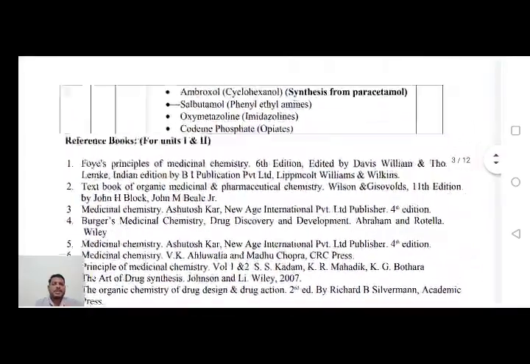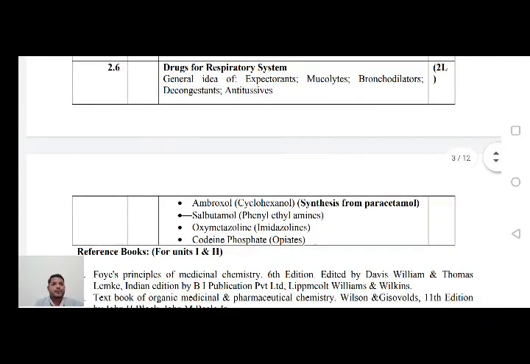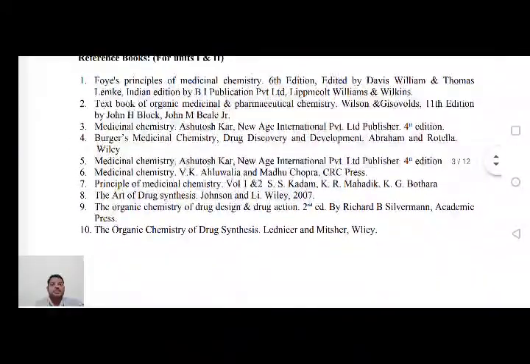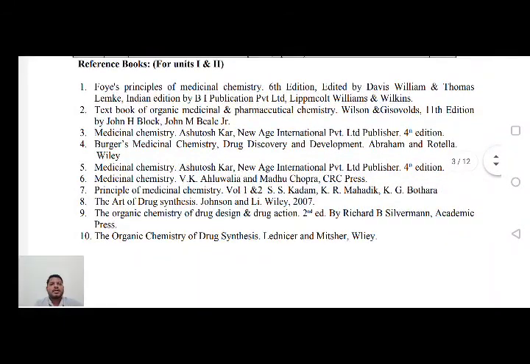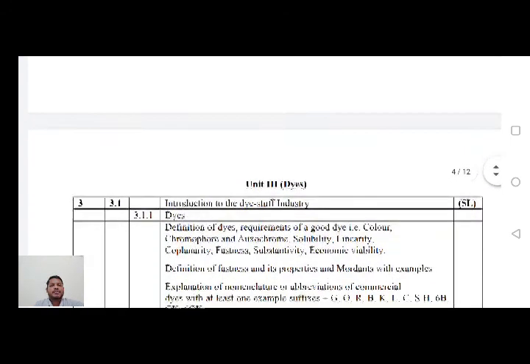There is also a list of reference books which are useful for us. That is all about the 2 units on the chemistry of drugs.